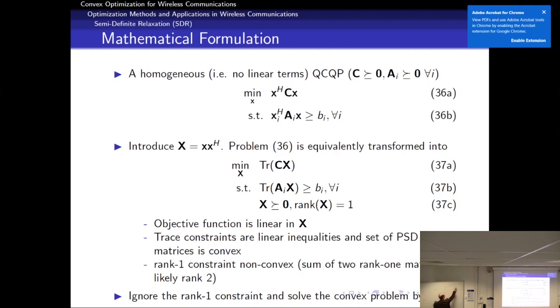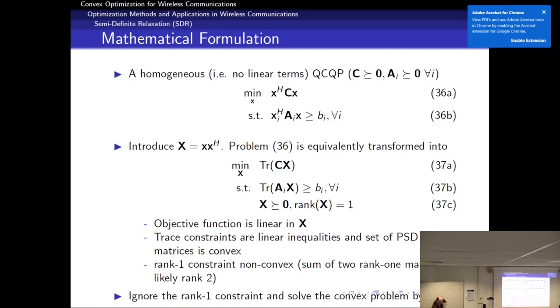And then I bring this here, so this is the same as saying trace of x Hermitian C. And then instead of optimizing x, I will create a matrix big X, and I will optimize the trace of X multiplied by C. And I will say, but careful, I need to make sure that the rank of X is equal to 1 in order for this formulation to be the same as this formulation. Right?